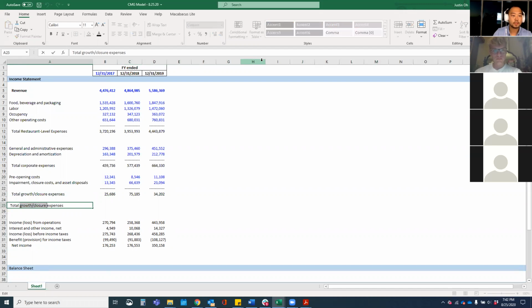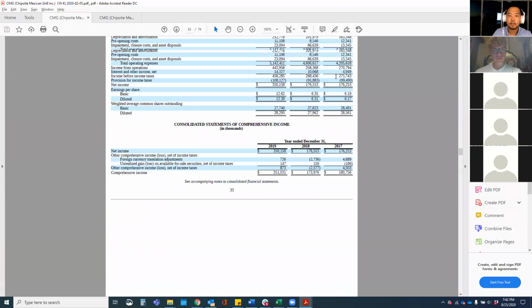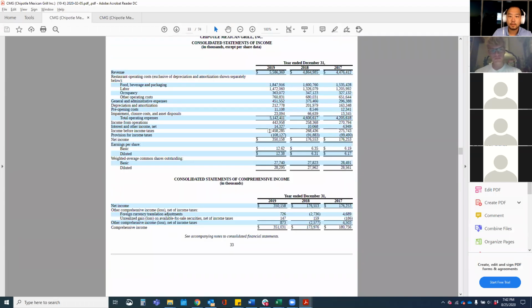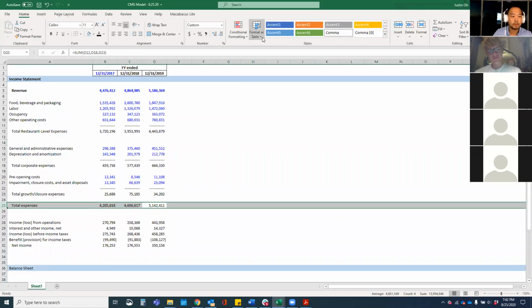Total expenses. Same, for a double check: 4205, 4606, 5142. Okay, good.